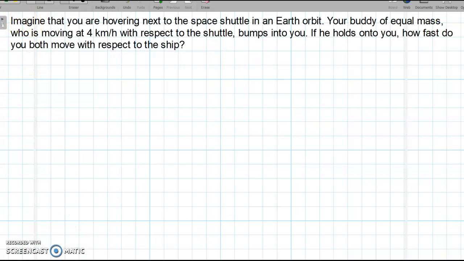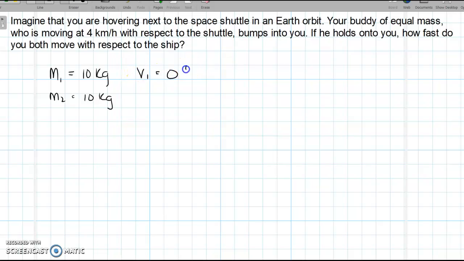For this, I have turned to my handy dandy whiteboard so that we can identify what is going on in this problem, and give some mass to these people. Let's give them a really low mass, one that is easy to work with. Let's just say that they are both 10 kilograms, and that M1 is you.